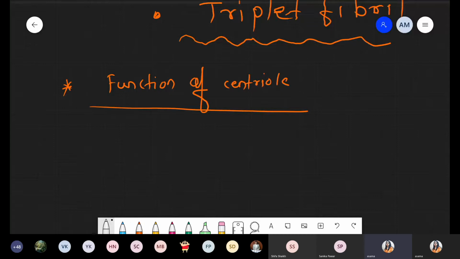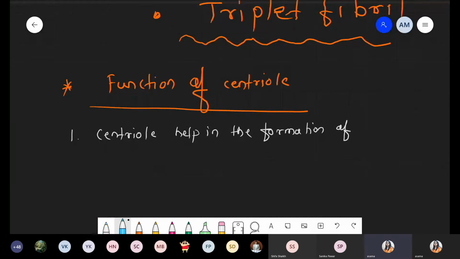So we'll discuss in the next part how the centrioles get involved. So the first part is that the centriole helps in the formation of basal bodies of cilia and flagella.